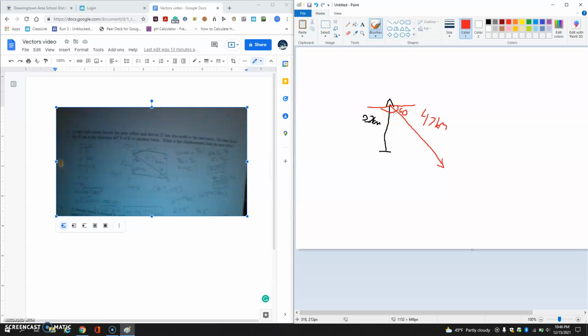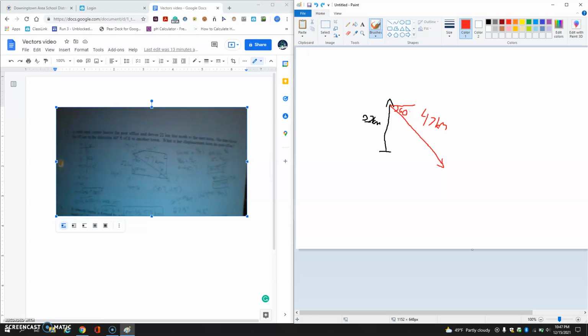Which one looks like 60 degrees? Not this one. This one's a really big angle, and that ends up being 120. There's no way that can be 60 degrees. It has to be an acute angle, or a small one. So this would be 60 if you drew your line there. That's just how I like to think about it.